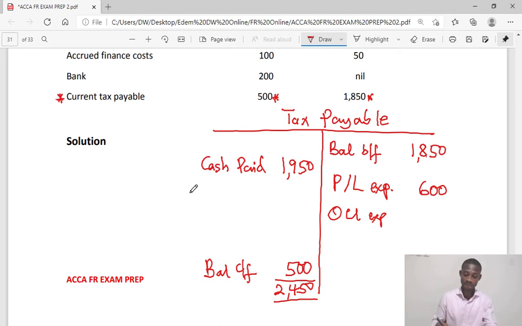So it means that in the opening balance, you would have current tax and deferred tax. So please, you need to also understand how to do that adjustment. It's a pro forma you must learn and ensure you can apply it in the exam. But in this question, we do not have OCI tax expense, so we ignore that.